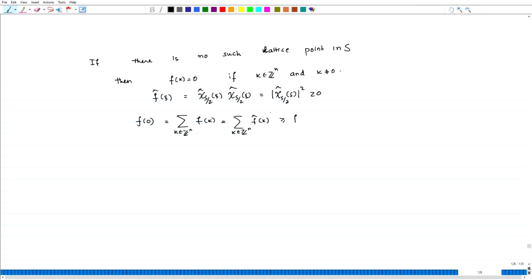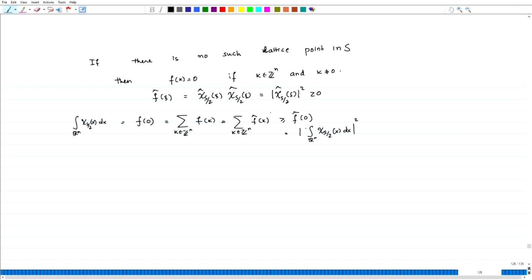So, this is greater than or equal to f hat of 0. Now, what is f hat of 0? F hat of 0 is nothing but the modulus of the integral over R^n of chi of S by 2 of x dx, whole squared, which is the integral of chi of S by 2 of x dx, squared. What is given to us is that the volume of S is greater than 2 to the power n.